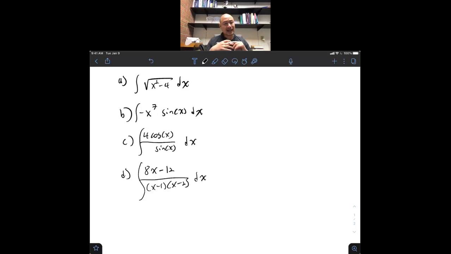And there's not a good substitution choice either. X squared minus 4 is a decent substitution choice, but then there is no du factor to be used to complete the substitution. So the most appropriate strategy for A is most likely trig substitution.